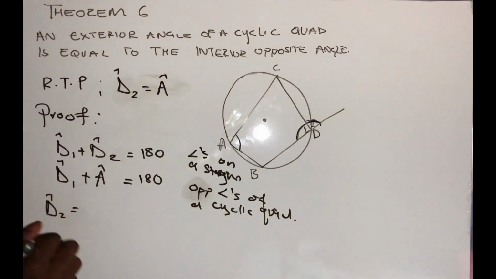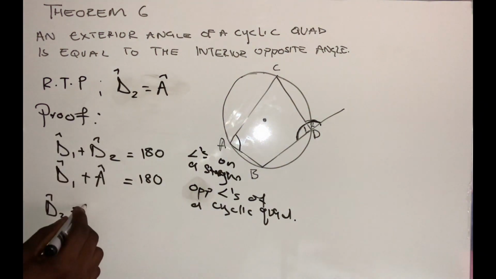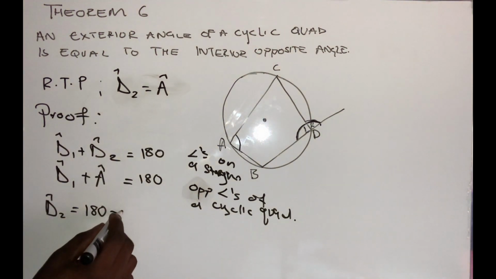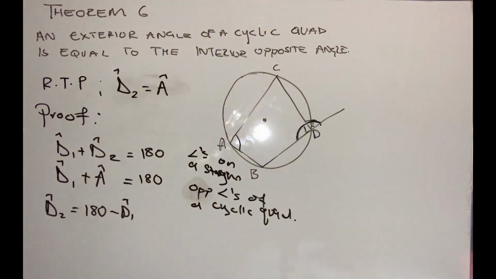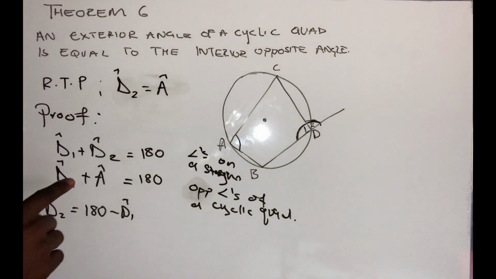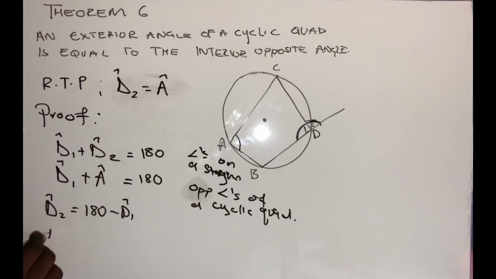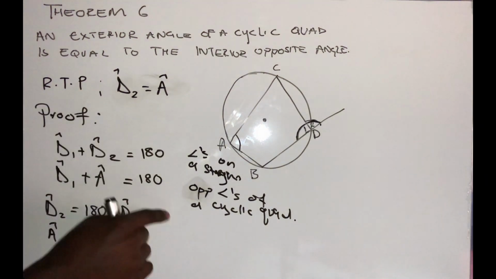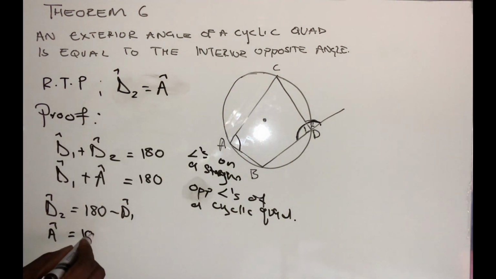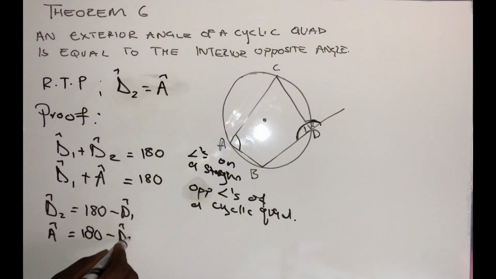D2 is equal to, you take the D1 to the other side, 180 minus angle D1. Then come to the second equation, you solve for A. Angle A is equal to, take the D1 to the other side, 180 minus angle D1. Is it clear?